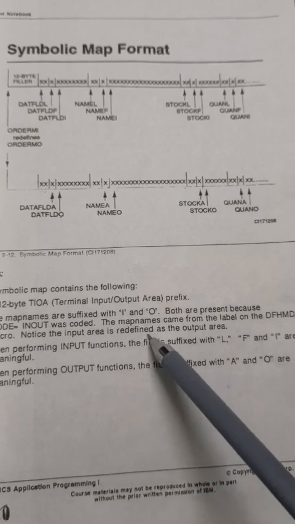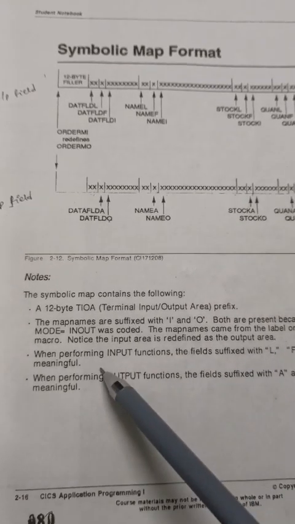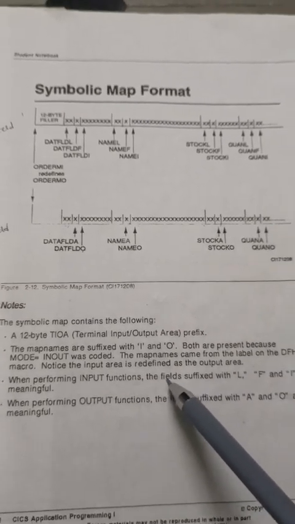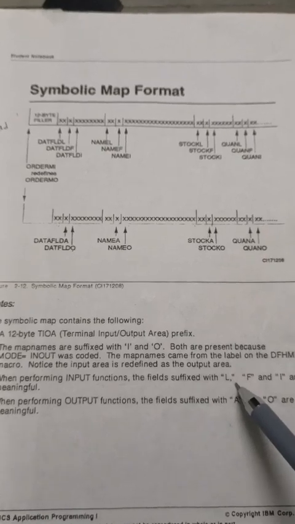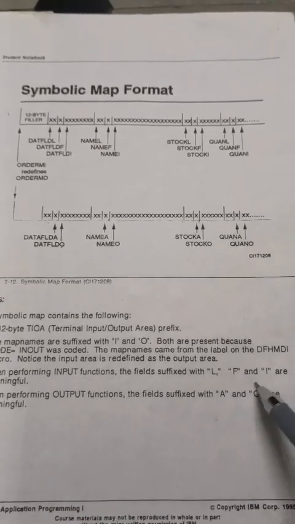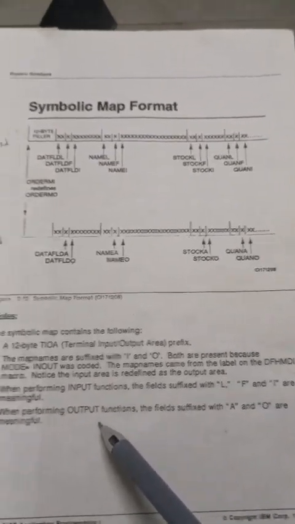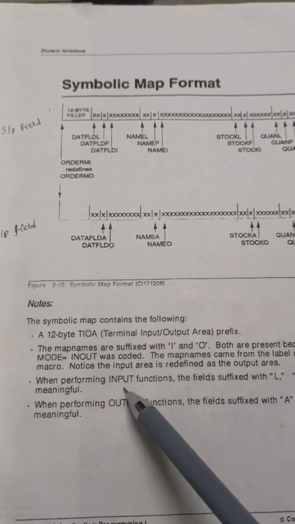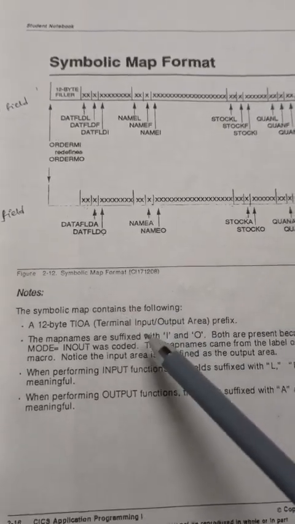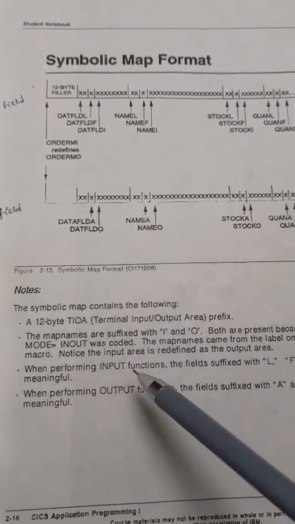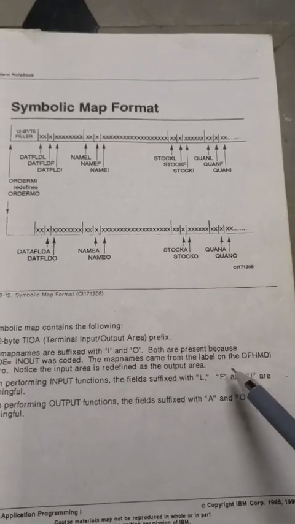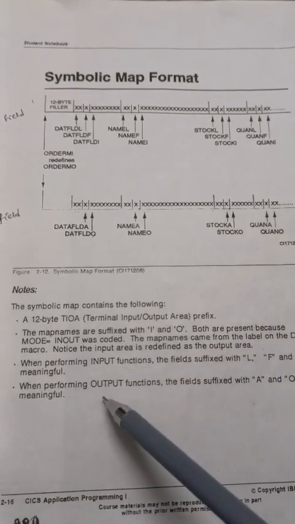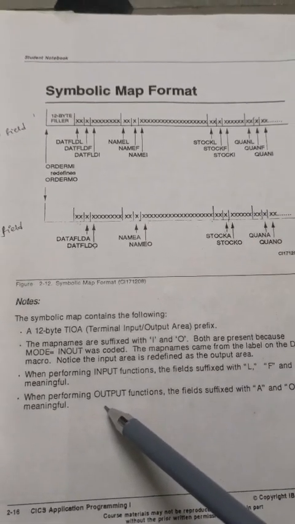Notice that the input area redefines the output area. And when performing input operations, these suffix fields L, F, I are the meaningful ones, meaning these are the input fields only for the input function. Whenever we are doing an input operation, these are the length, flag, and I field as input. Only our input fields we'll use.